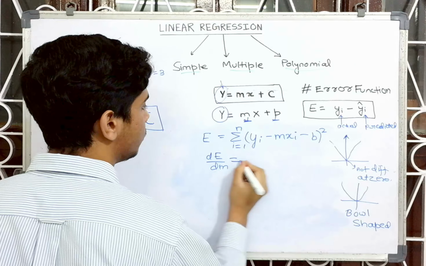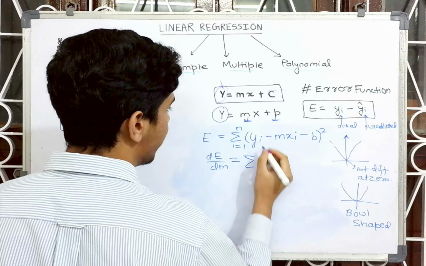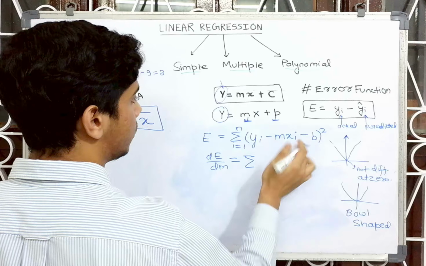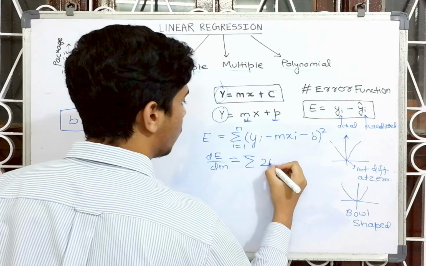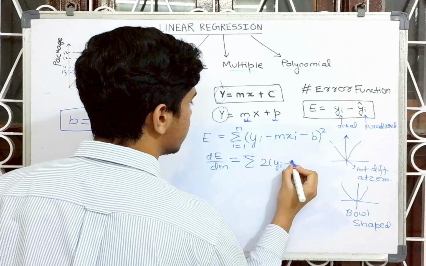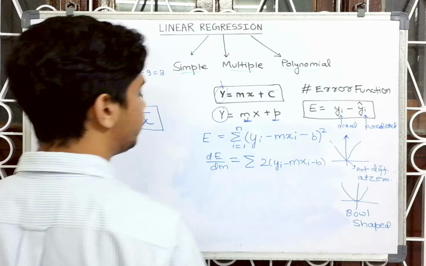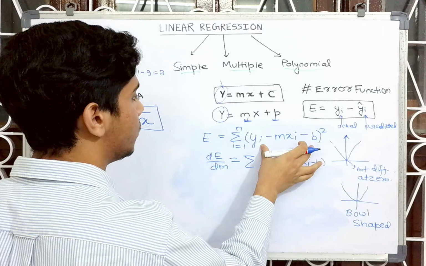That will be equal to the summation from i equals 1 to n, and we have to apply the chain rule again. That will be equal to 2 times (yi minus m xi minus b), and then we have to multiply by the derivative of the inner terms with respect to m.